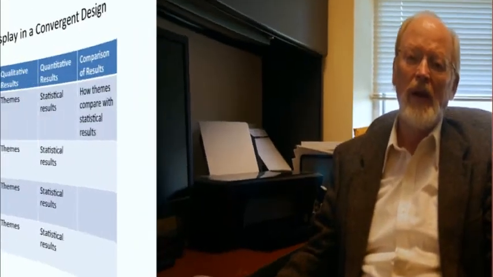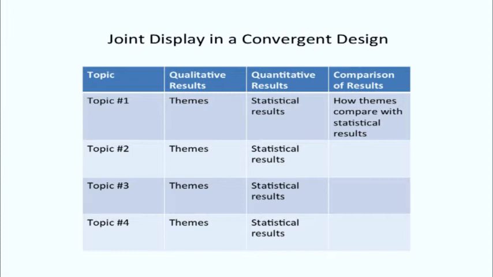This is a newer area to emerge in convergent designs. It's called a joint display. And what you do in this case is come up with a table, such as I'm showing you here, where you're arraying on different topics in your study the qualitative results, typically themes, and then the quantitative results in the statistical analysis, and then you might have a third column comparing those actual results.